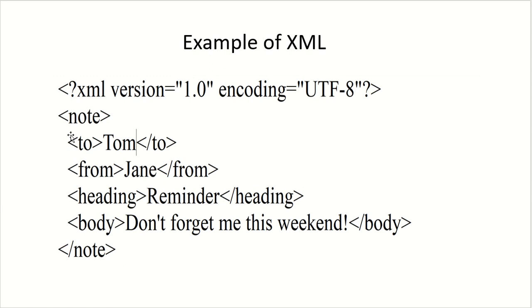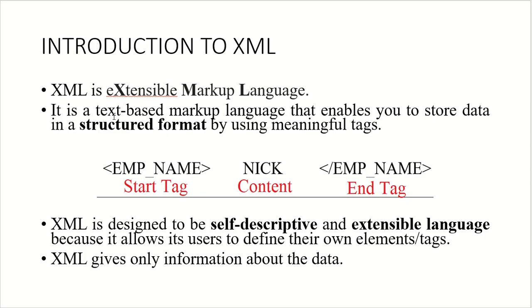All these types of tags and elements we will be studying in our next lecture. For now, you must understand what is a text-based markup language and what is a structured format. I am telling you again that a text-based markup language is a language which explains the meaning of text with the help of tags.